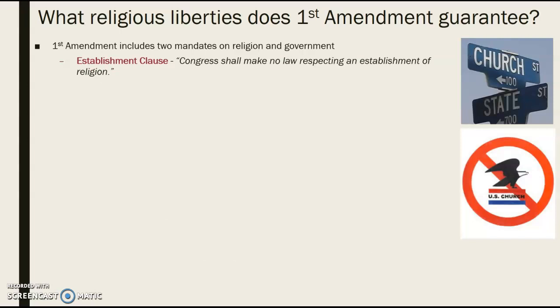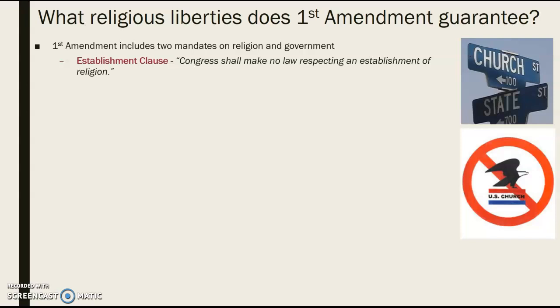And so each of these two pieces dealing with religion in the First Amendment are seen as separate clauses from a constitutional law perspective. The first clause dealing with religion is known as the Establishment Clause. And the Establishment Clause is extremely important.